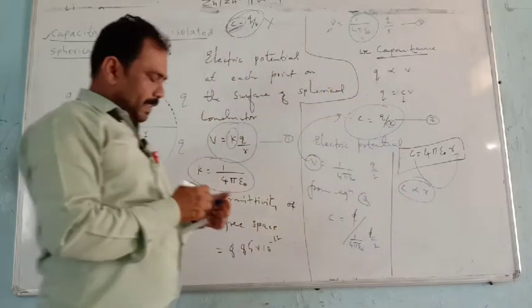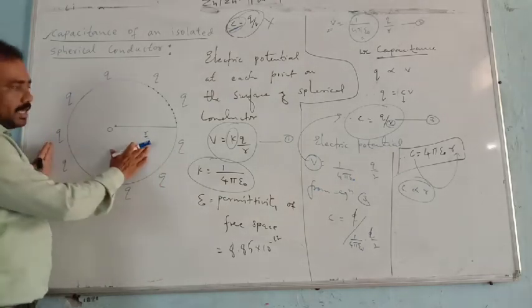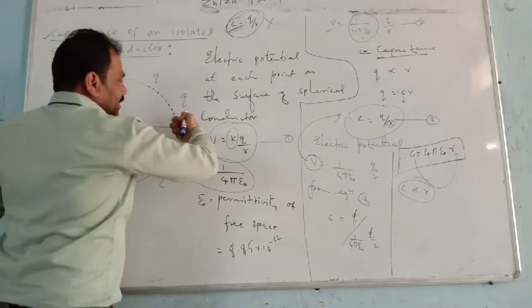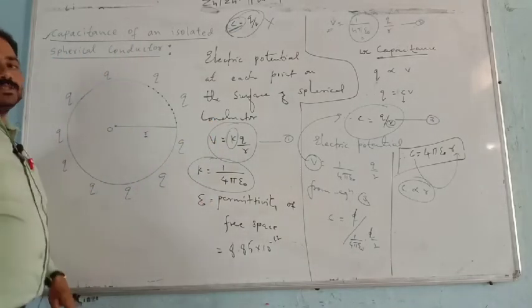What is the meaning of this? See here, we have a spherical conductor having radius R. If we increase the radius of that sphere, what happens? Capacitance also increases.